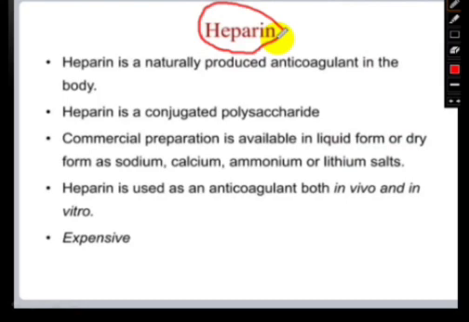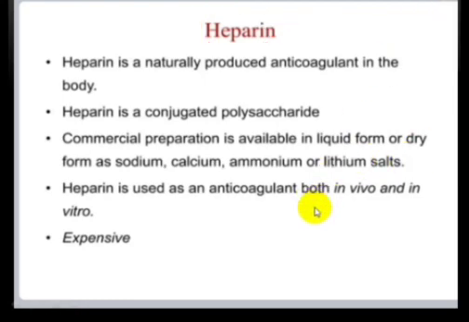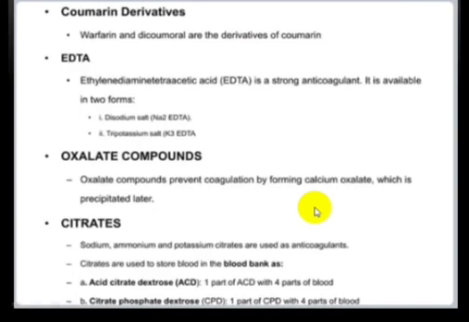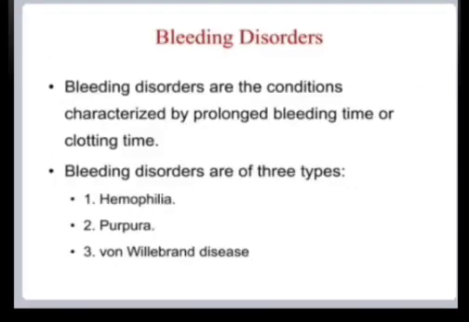Heparin is a natural anticoagulant in the body that helps to prevent blood from coagulating, and it helps to keep the blood in its liquid state inside the body. There are also synthetic forms of anticoagulants, like I mentioned. So you go on, read that all.